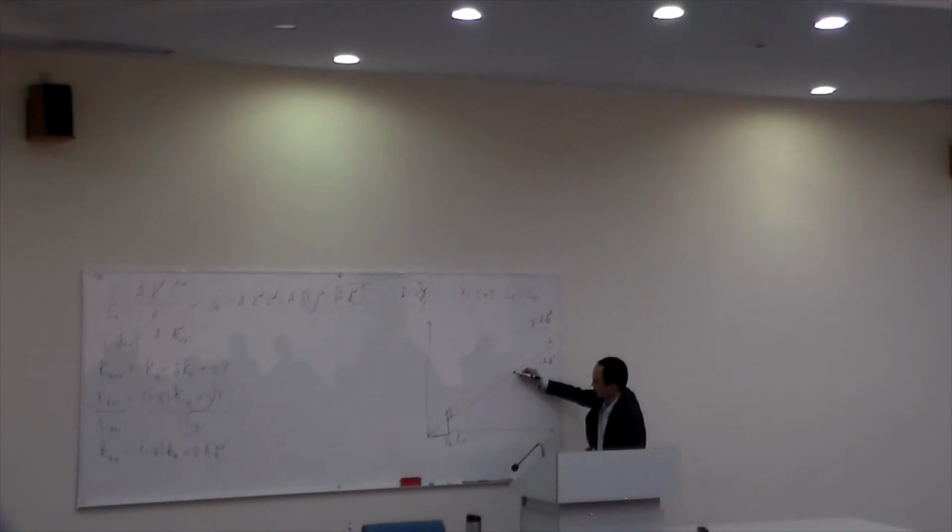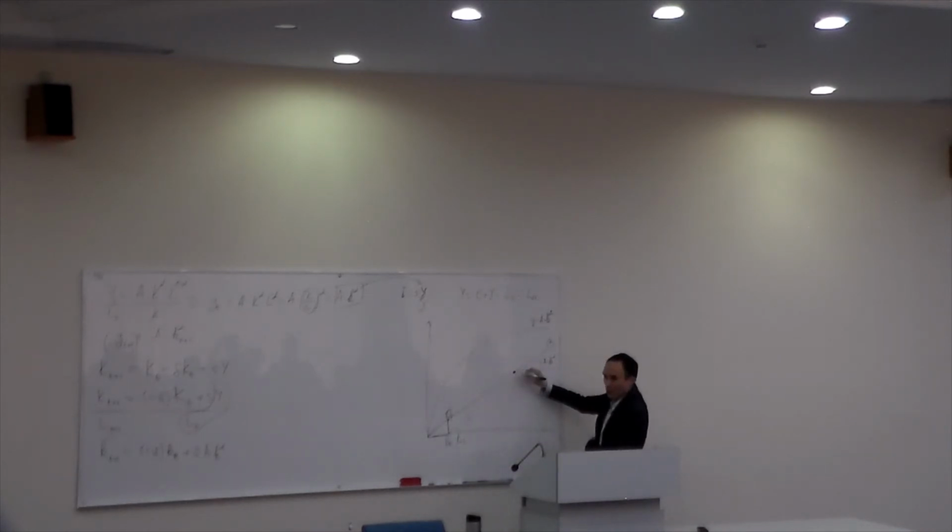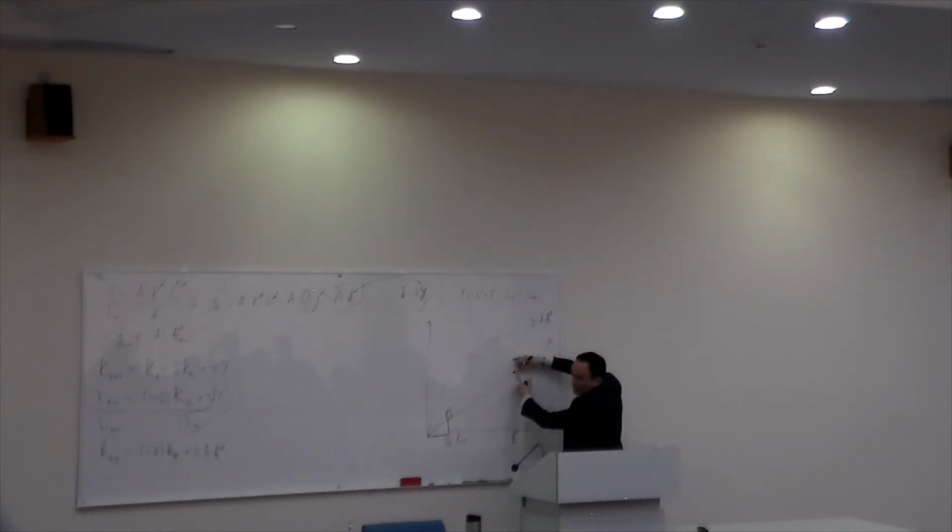According to the Solow model, the economy is going to grow and grow until it reaches one point of per capita capital, where investment and depreciation are the same. After this point, the economy is not going to grow.